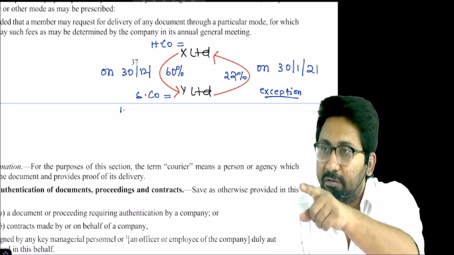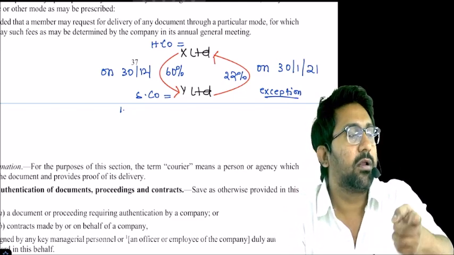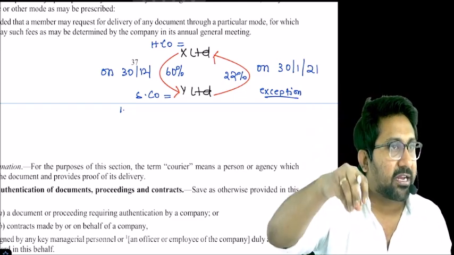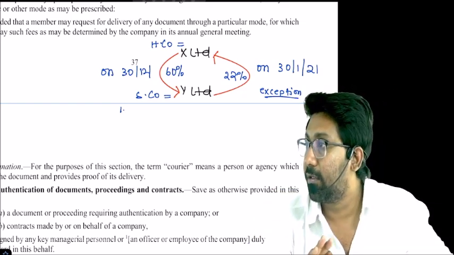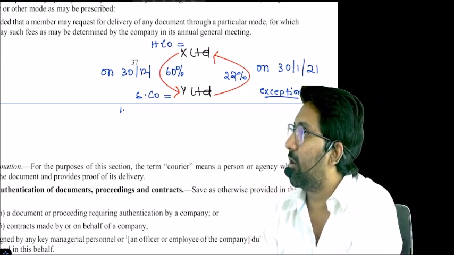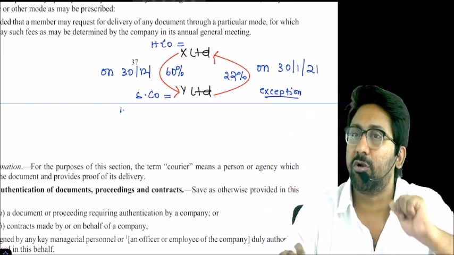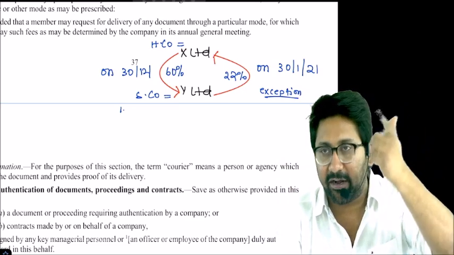That means even before you became my holding company, I am holding the shares in you. Clear everyone? That means the acquisition is made after becoming a subsidiary or before becoming a subsidiary? Before. That means the subsidiary relation is not there. Clear or not everyone? How much it is holding? 22. The X will become subsidiary, Y will become holding?